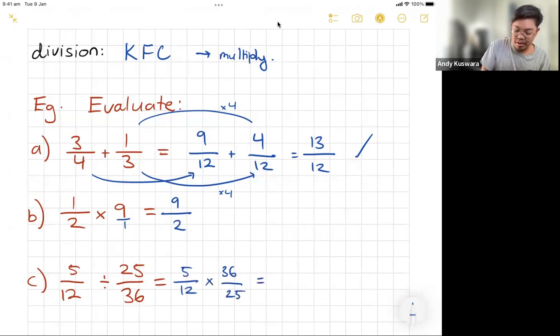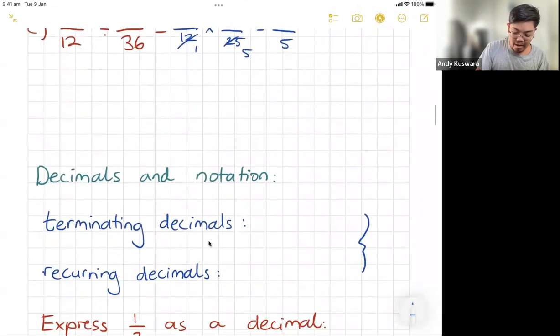And then before I multiply these numbers, because they're pretty big, I'm going to simplify 12 and 36 as 1 and 3, because 12 is the common factor. I'm going to simplify 5 and 25, and then I'm going to multiply what's left. So 1 times 3 is 3. 1 times 5 is 5, and that's it.